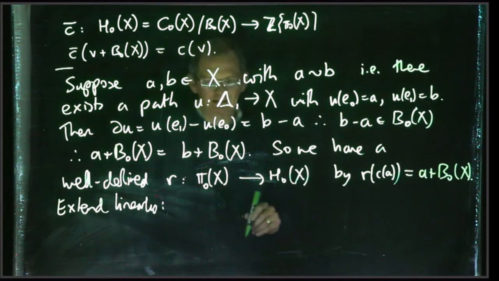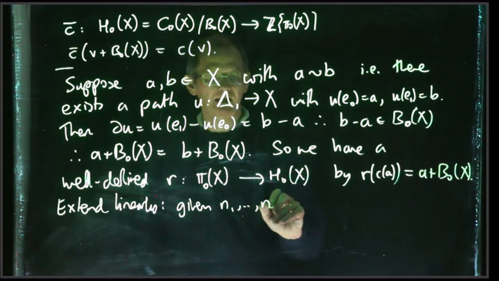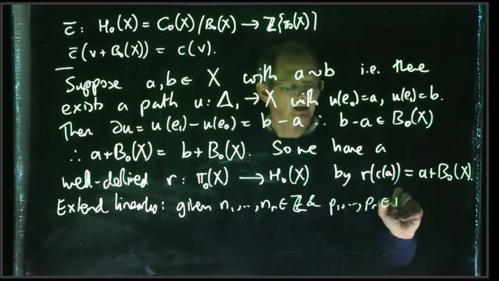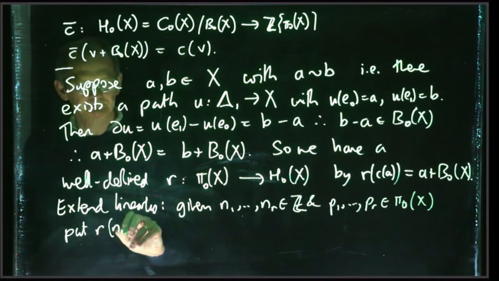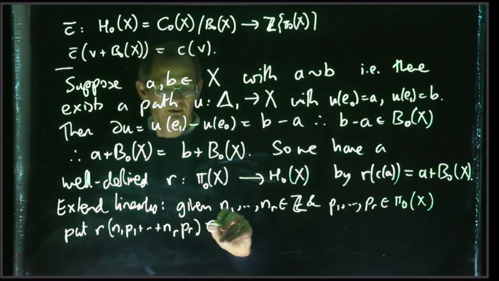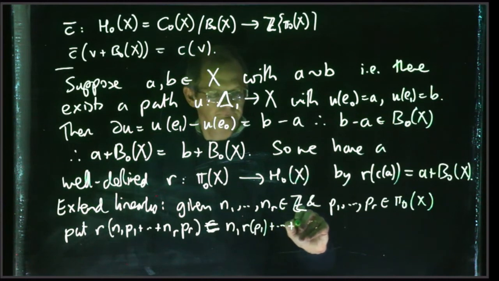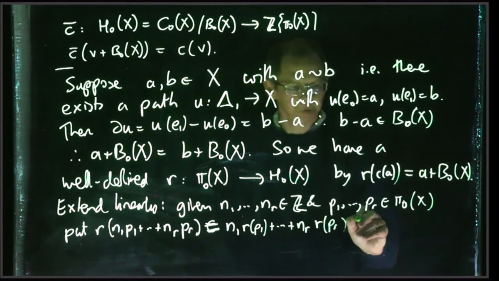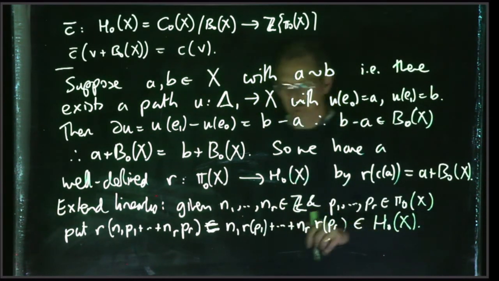So we're going to extend this linearly. Given N1 up to NR in Z, and P1 up to PR in pi 0 X, we put R of the linear combination to be N1 R of P1 and so on.